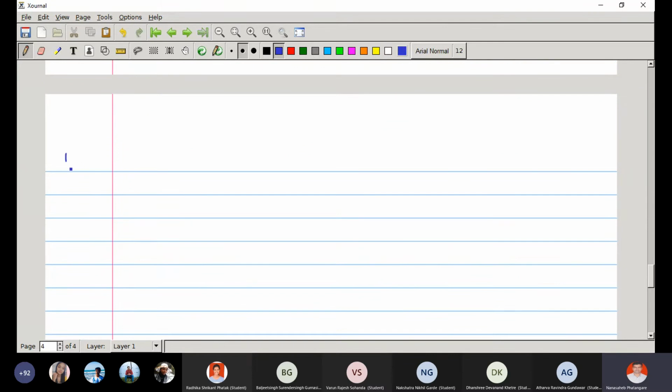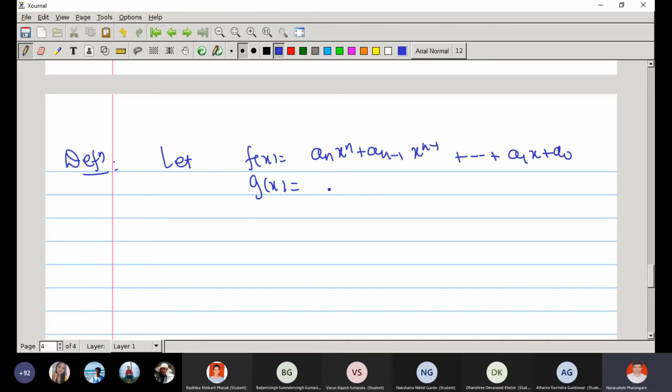Okay, now let f(x) is equal to a_n x raised to n plus a_{n-1} x raised to n minus 1 and so on, with a_n non-zero, and g(x) is equal to b_m x raised to m plus b_{m-1} x raised to m minus 1 plus ... plus b_1 x plus b_0.